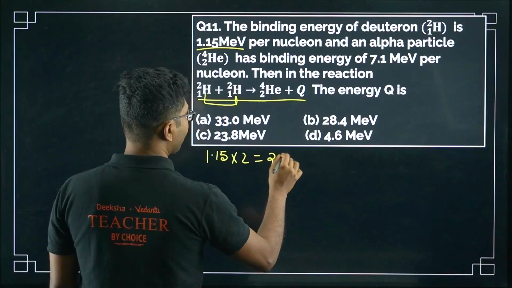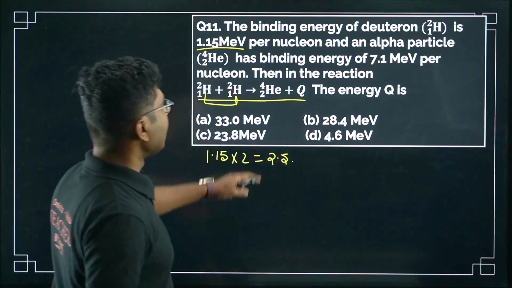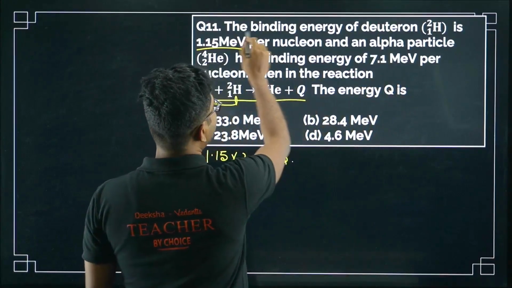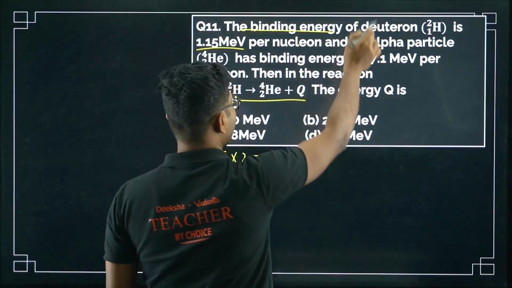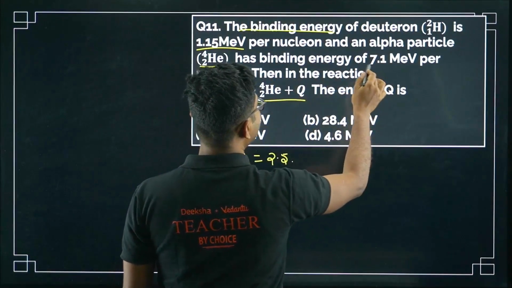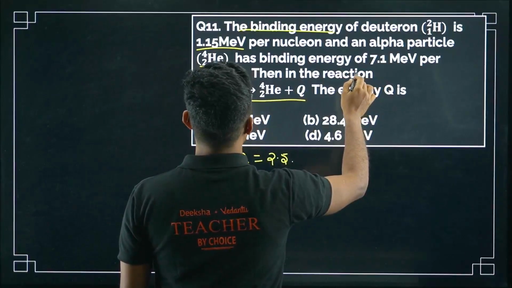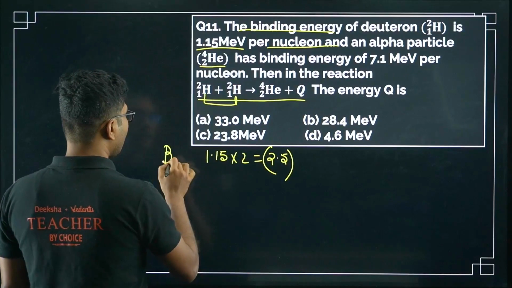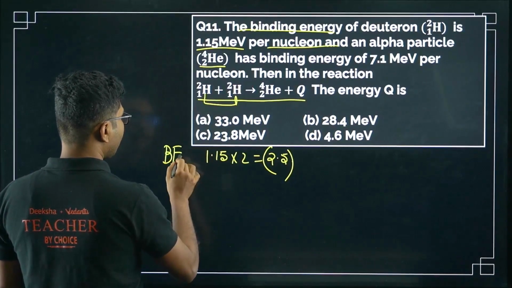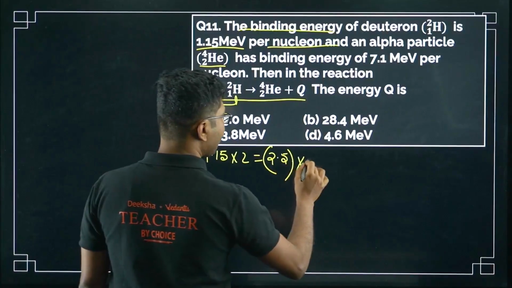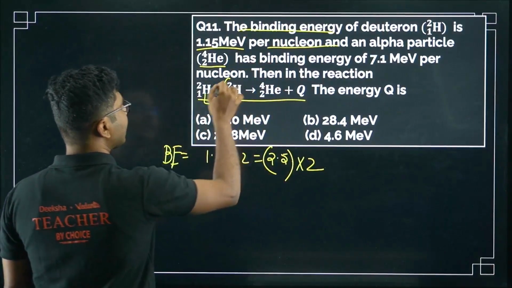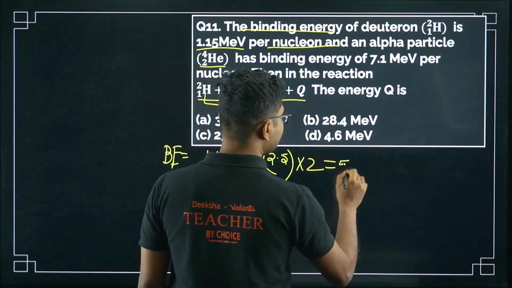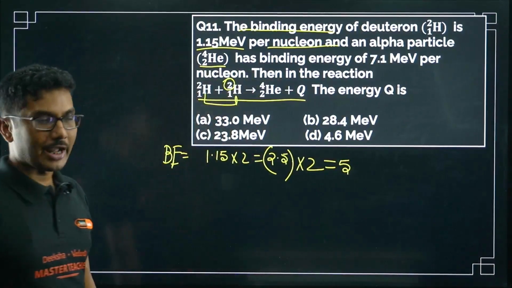Now, this is the binding energy per nucleon, not the total binding energy. Total binding energy for the deuterium will be times 2, because it has one proton and one neutron, right? So the total initial energy of the system will be 5 MeV.